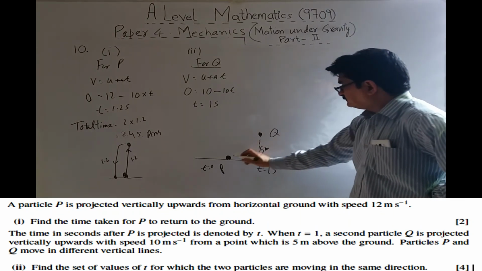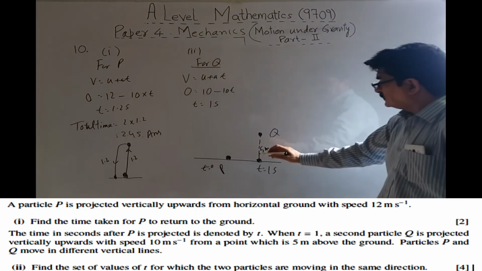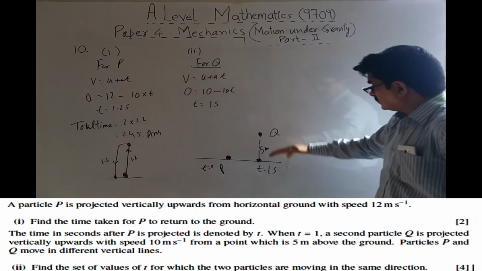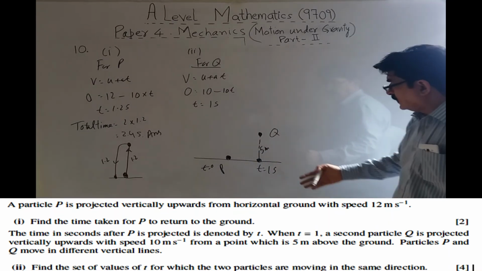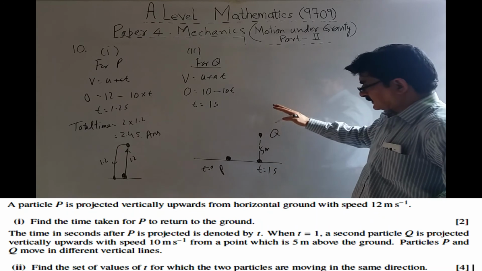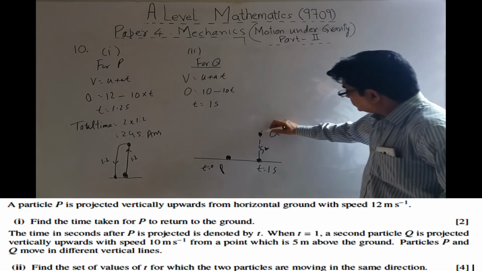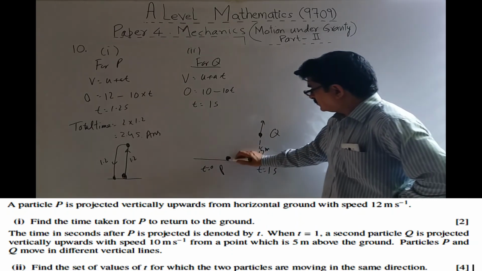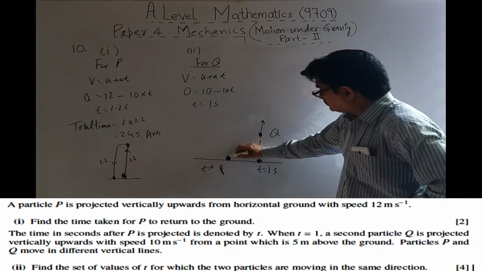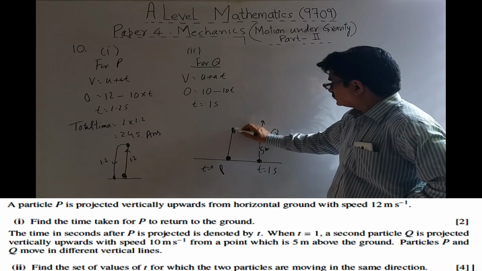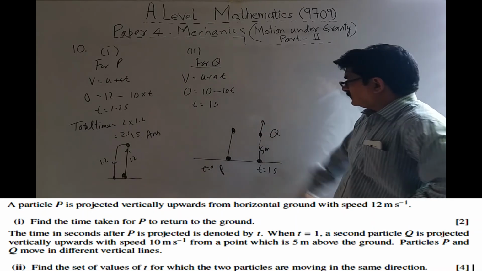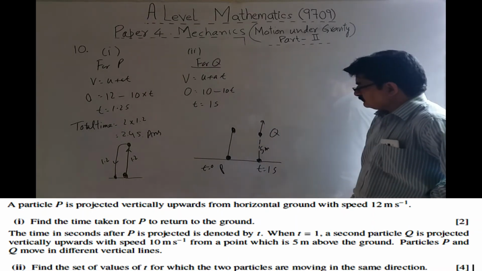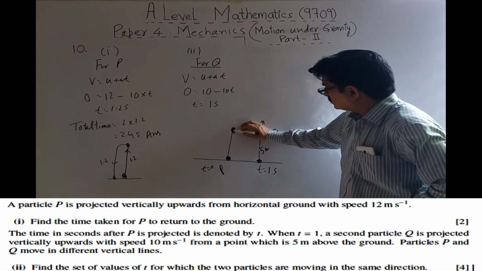P got 1 second to move up as compared to Q. So when Q is projected after 1 second, it means that P will have covered some distance in that 1 second. It will be at some height.